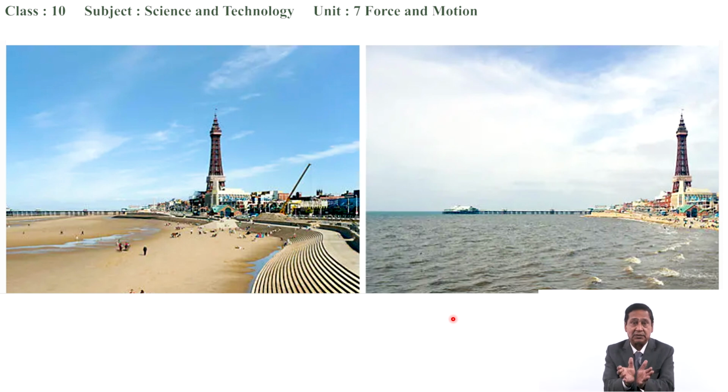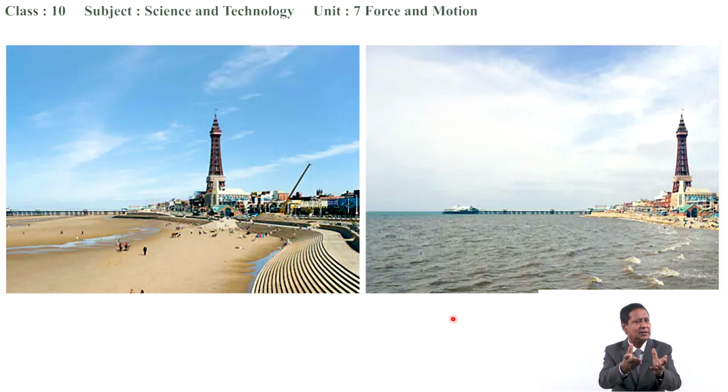If the level of water in the sea is high, it is called high tide. After 6 hours, it goes down and becomes minimum, that is called low tide. High tide and low tide. The cycle of high tide and low tide occurs after every 6 hours. Just remember this.